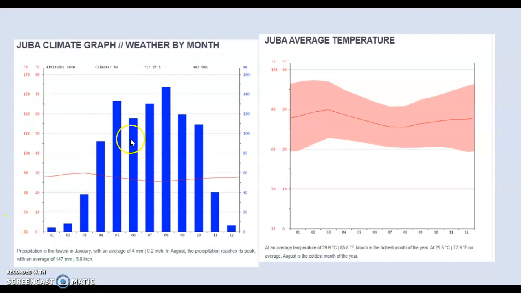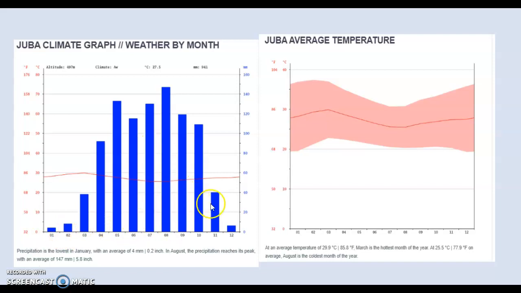You can see here, this blue bar graph is the rainfall. And you can see that these are the months along the bottom here. January, February, not a lot going on. March, April, May, getting a bit wet.